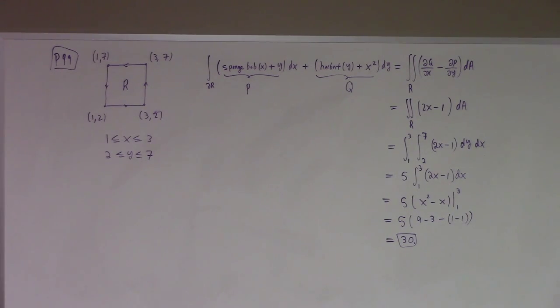Now, in that problem, I mentioned that the vector field is locally conservative. What I mean by that is that the condition that the curl is 0 is met everywhere inside the region that's shaded.